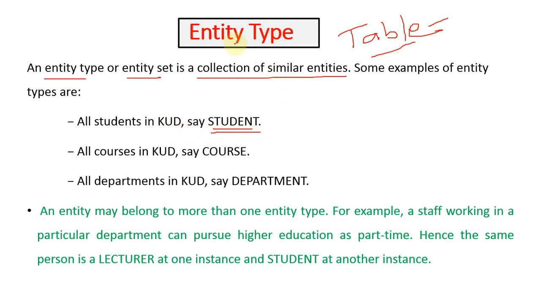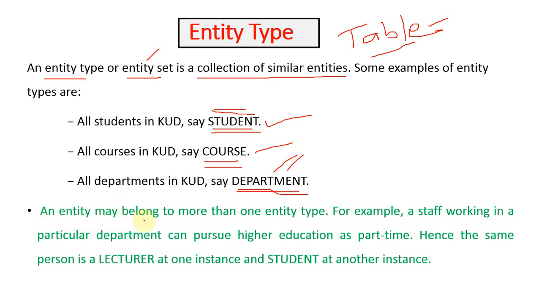So this is entity type or entity set, because this student table will have the information regarding all the students. Similarly, course is another table or entity type where all course information is stored. Similarly, department is another entity type, which has all information regarding the department.